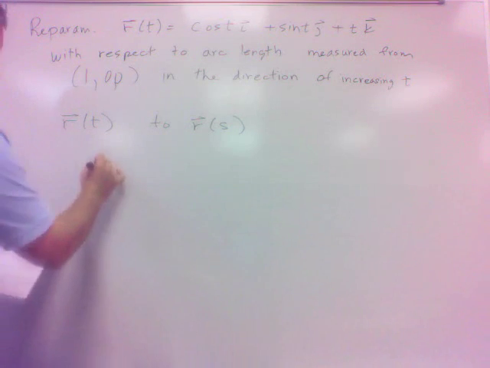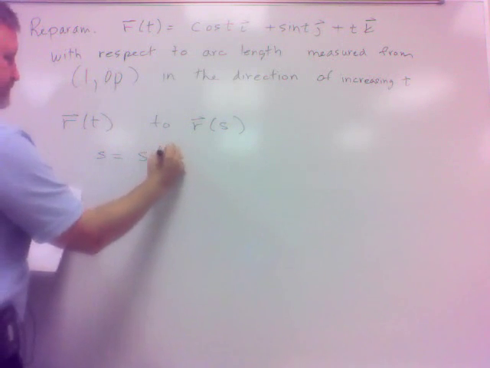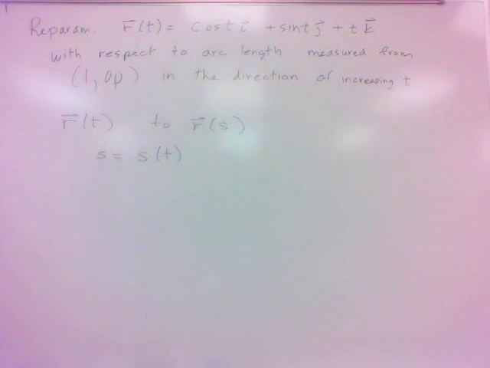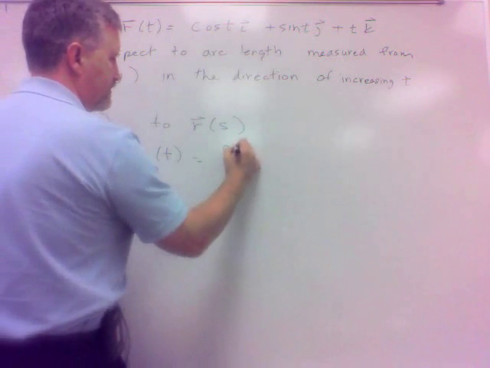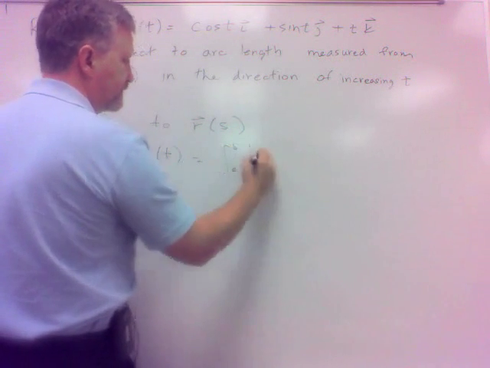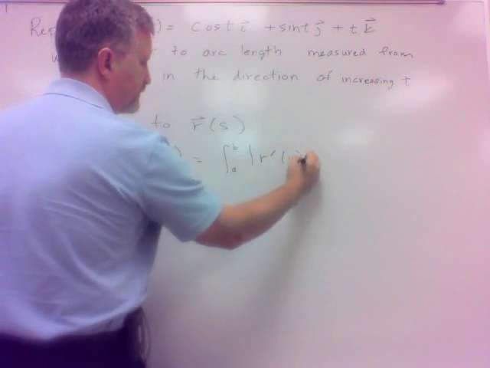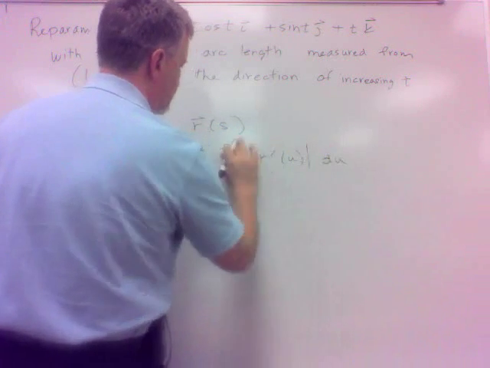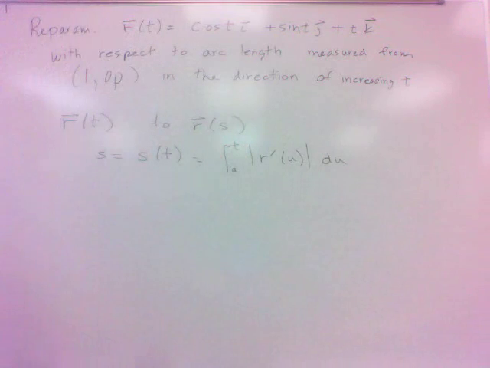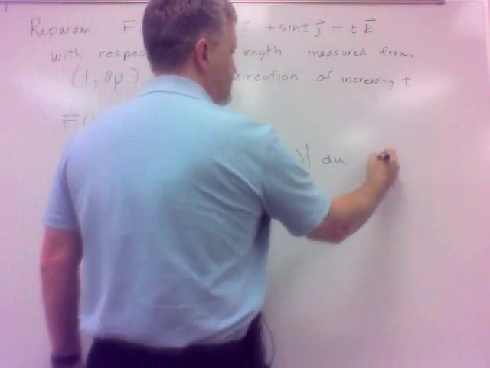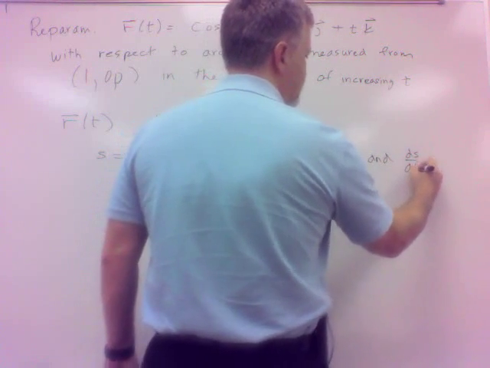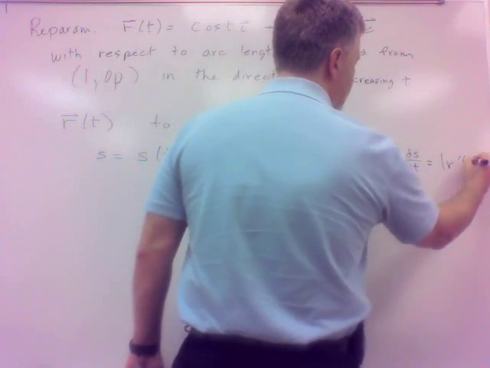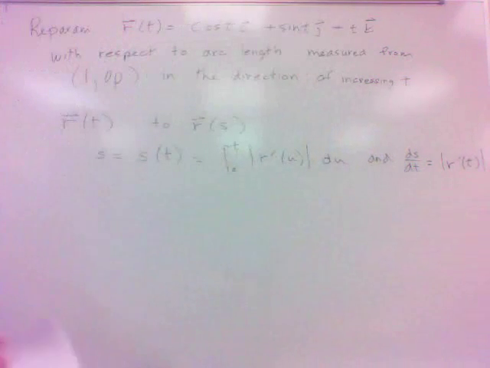So what do we know about it? S is the S of t, which is the integral from a to t of the derivative magnitude, and also ds dt is just the magnitude of r prime of t.